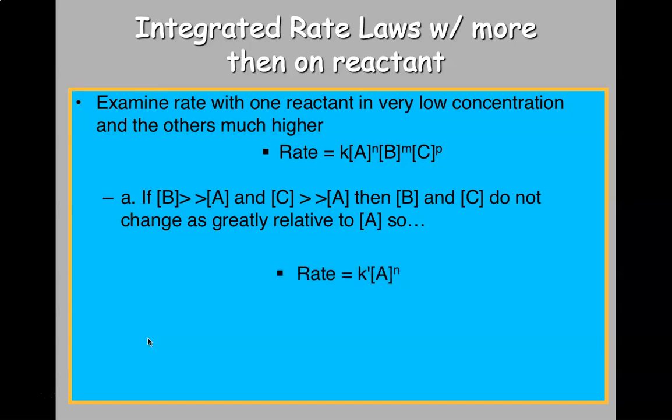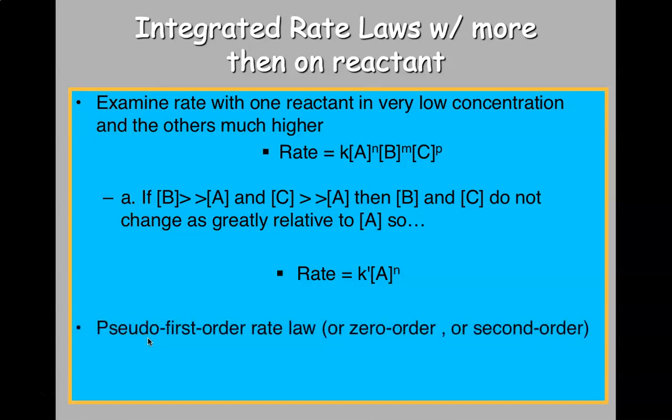So I can rewrite my differential rate law as k prime, that's a little apostrophe, times the concentration of A raised to the n exponent. The prime just means the rate constant under some other condition. And the other condition is the concentration of B and C are so much larger than A, they don't change, but A does.